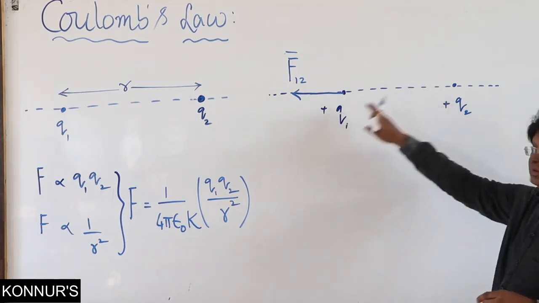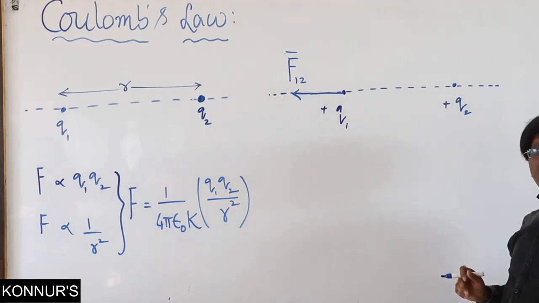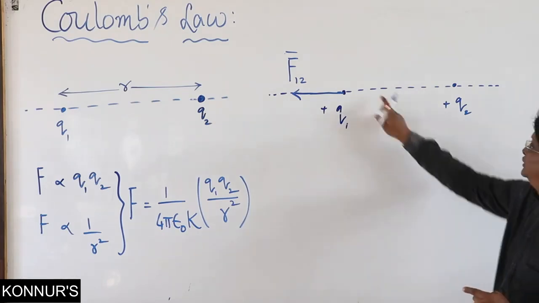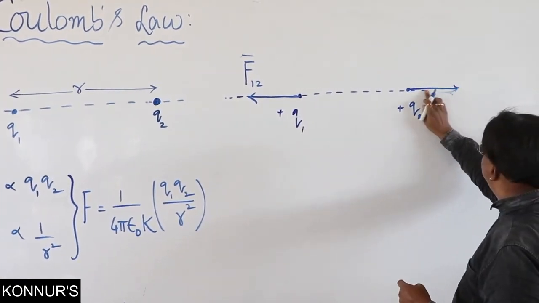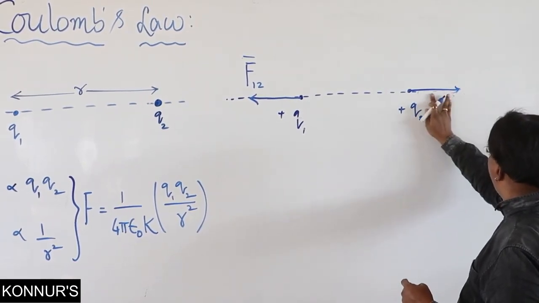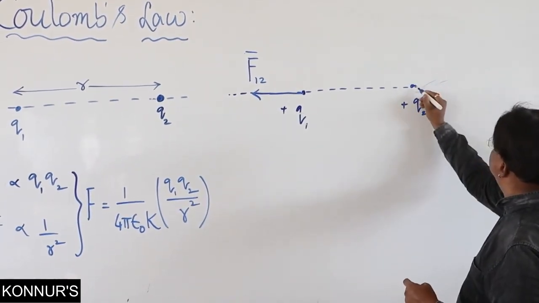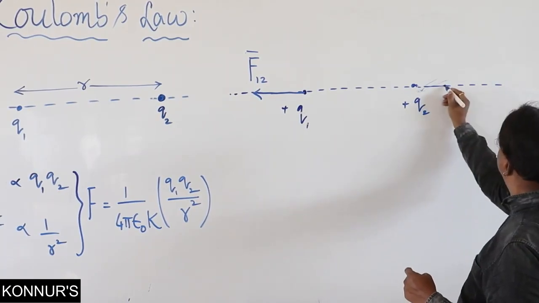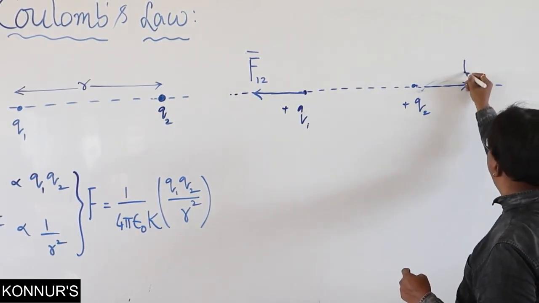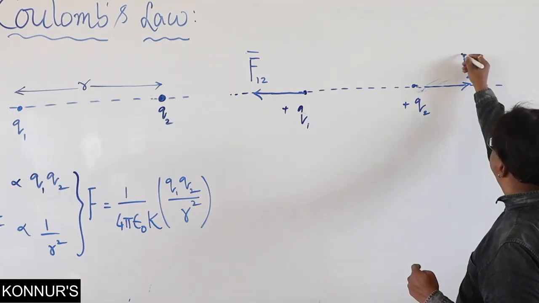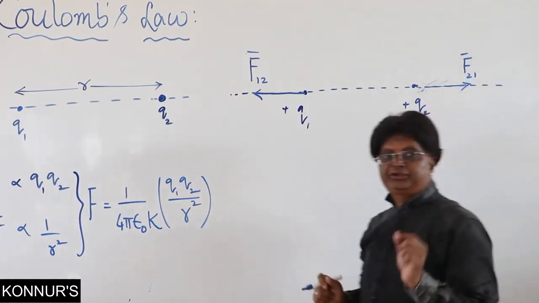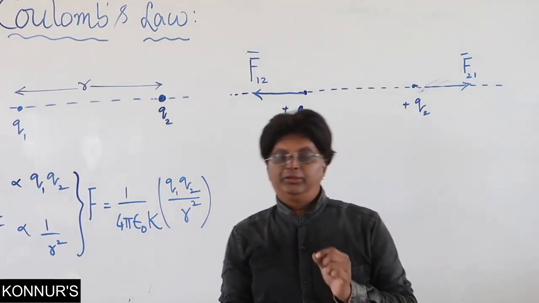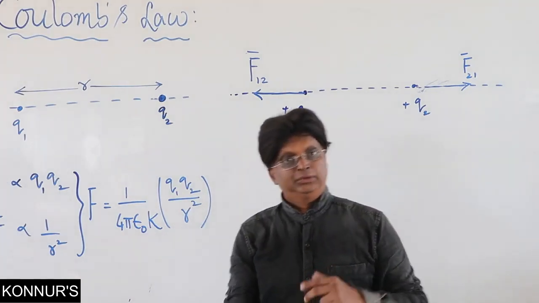Similarly, Q2 also experiences repulsion on the line joining the two charges, directed away. This is how we write the vectors along the line joining. This is F21 bar. So the first point is that the vectors will be along the line joining the two charges.